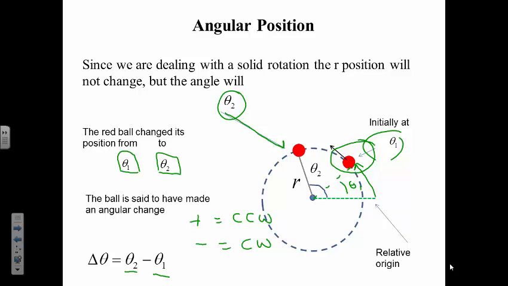And so the idea is that when your ball is rotating, it starts at some theta 1 and moves over to theta 2. And that's our delta theta, or change in position. Because your r is fixed, and we're always going to assume that our r is fixed when things go around in circles. We won't worry about changing r.